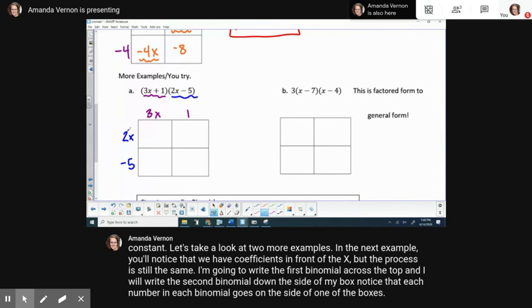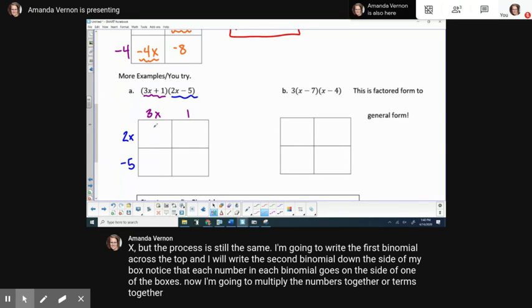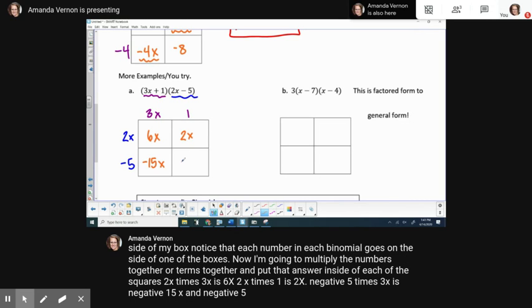Now I'm going to multiply the terms together and put that answer inside of each of the squares. 2x times 3x is 6x squared. 2x times 1 is 2x. Negative 5 times 3x is negative 15x. And negative 5 times 1 is negative 5.